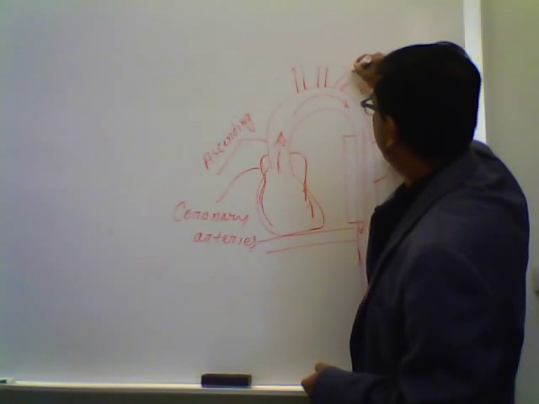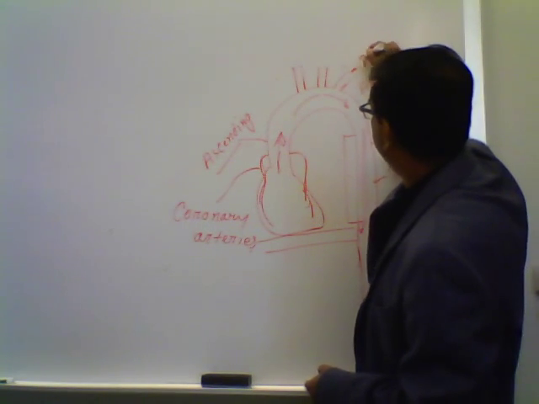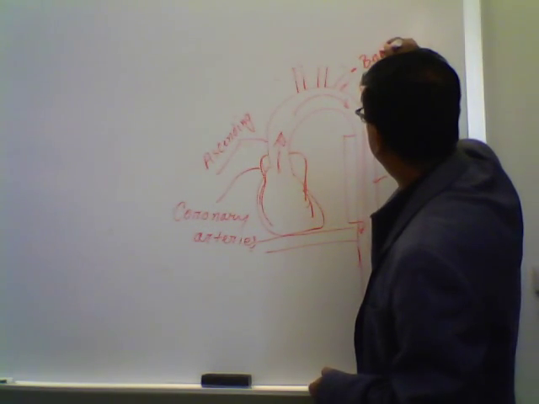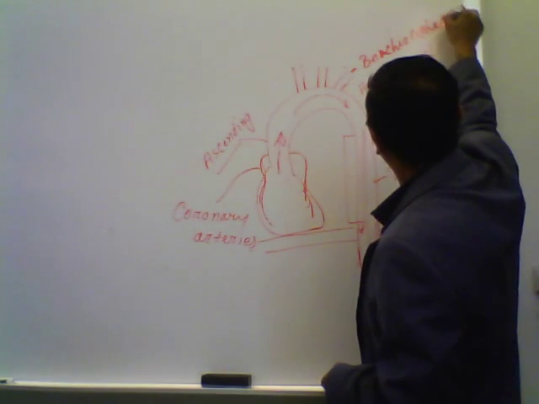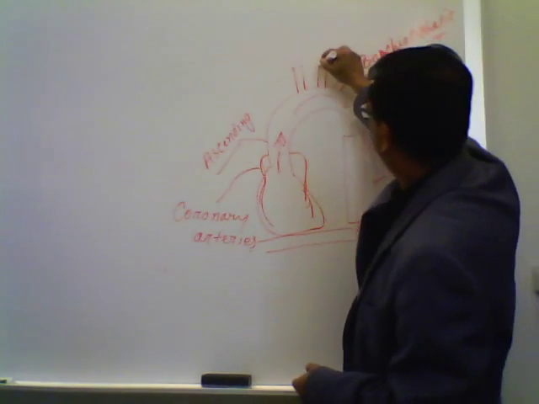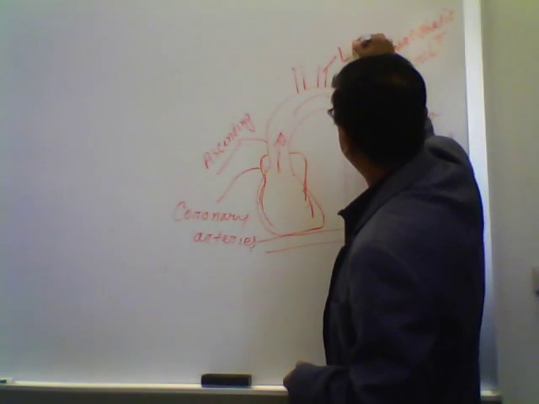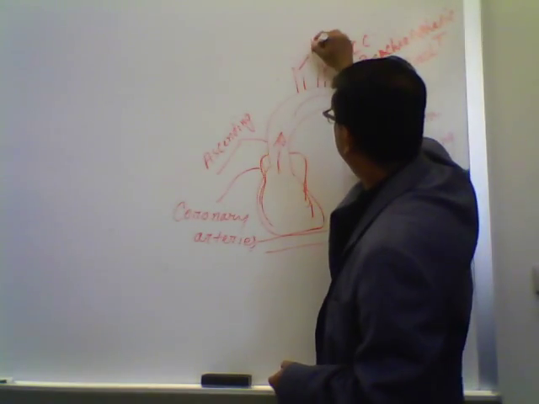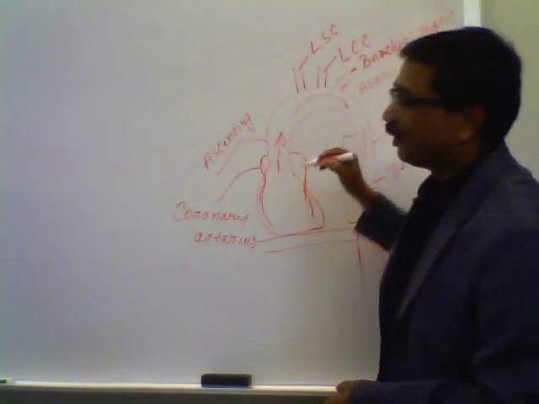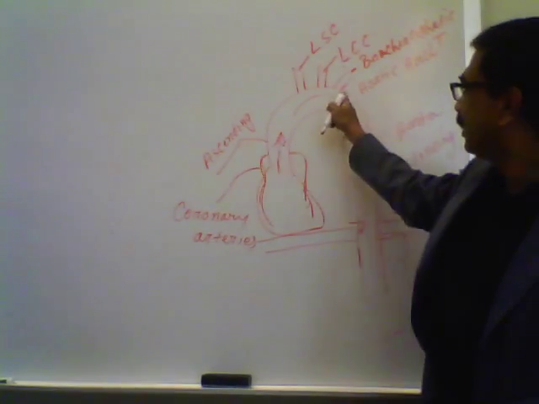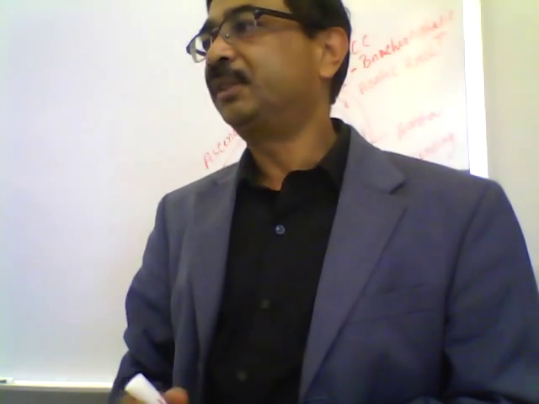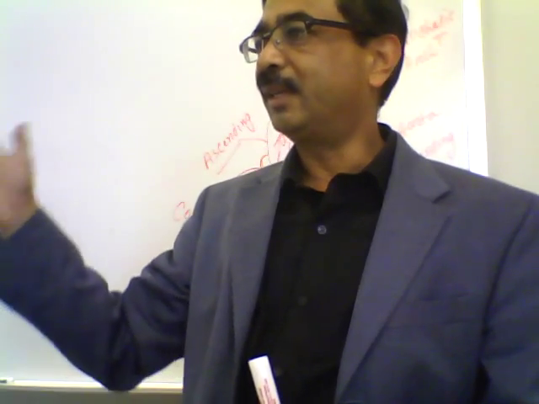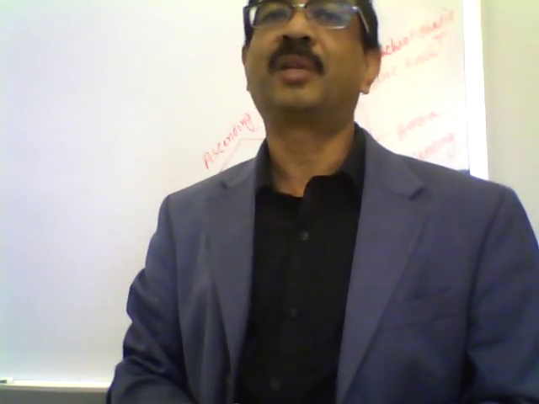So brachiocephalic trunk, we know that. Then what? Left common carotid and left subclavian. So those are three arteries arise from the aortic arch. Brachiocephalic trunk, left common carotid, and then what? Left subclavian.